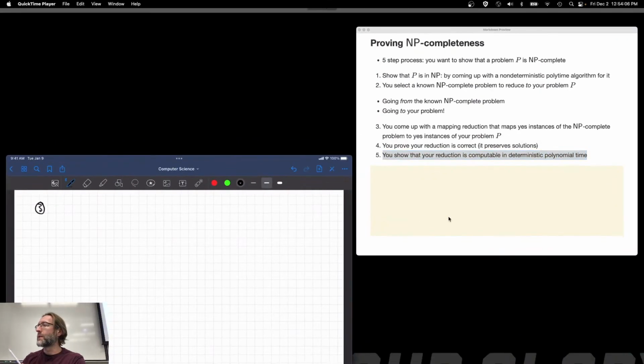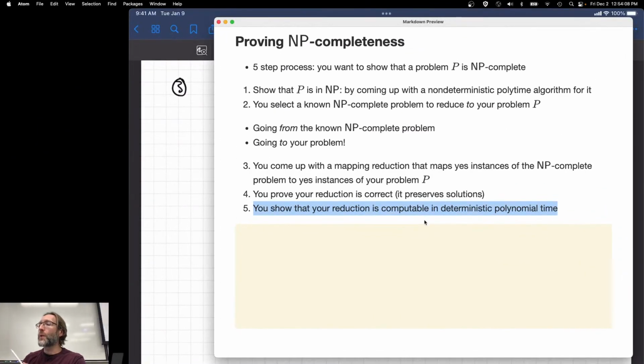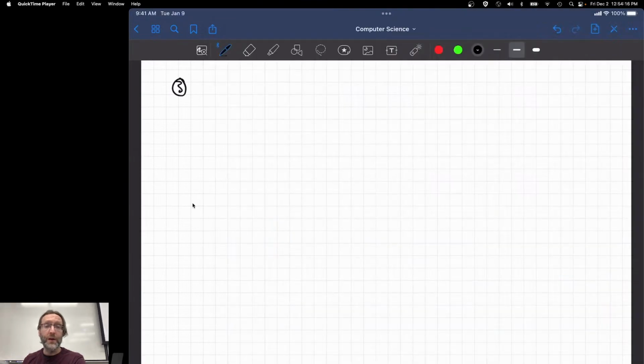You come up with a mapping reduction that maps yes instances of the NP complete problem to yes instances of the problem that you're considering.